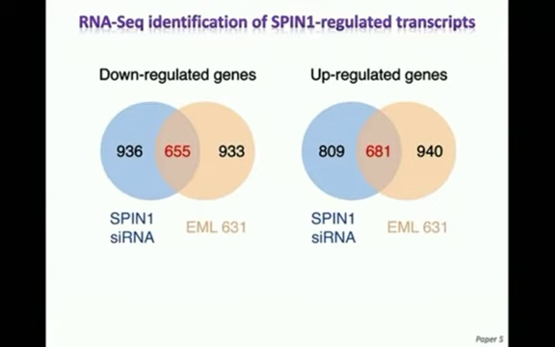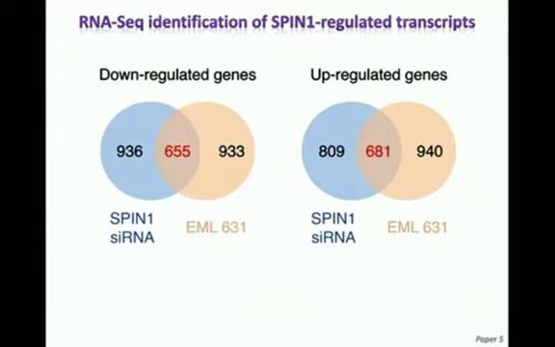So they found that when they incubate cells with EML631, 933 genes were downregulated. While when they incubate with the Spin1 siRNA, what's the Spin1 siRNA? Actually, they are downregulating the expression of Spin1. In other words, they are stopping the expression of Spin1.